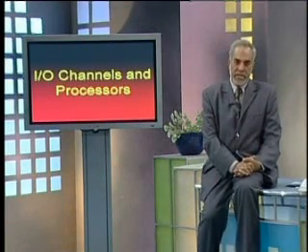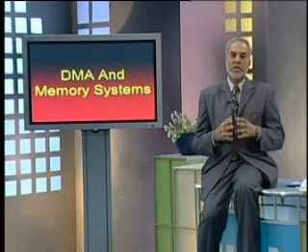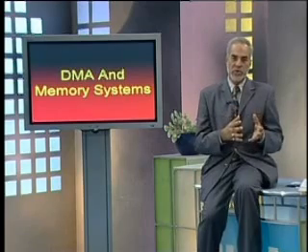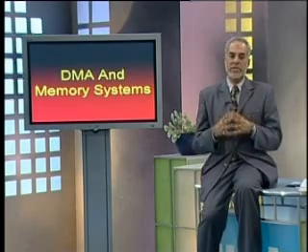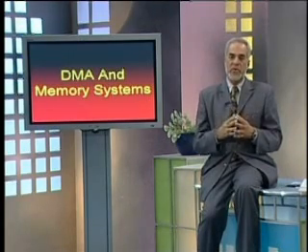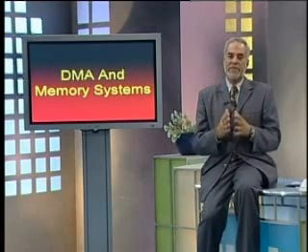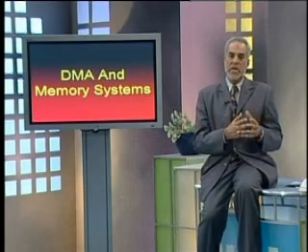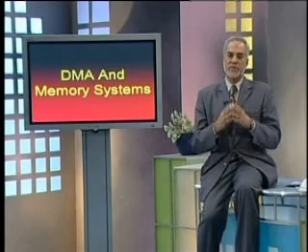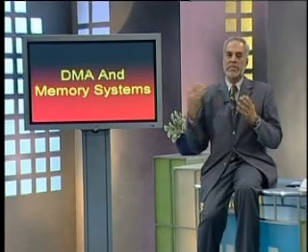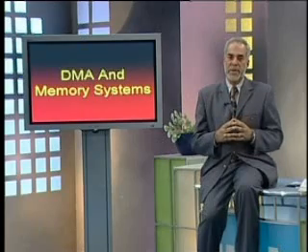By providing DMA, we have provided control of the memory to 2 devices, the CPU and the DMA controller. Now, I hope you remember from previous lectures that in the case of memory hierarchy, we have a cache between main memory and the CPU, and also the concept of virtual memory organized in the form of pages from the secondary memory and the main memory.